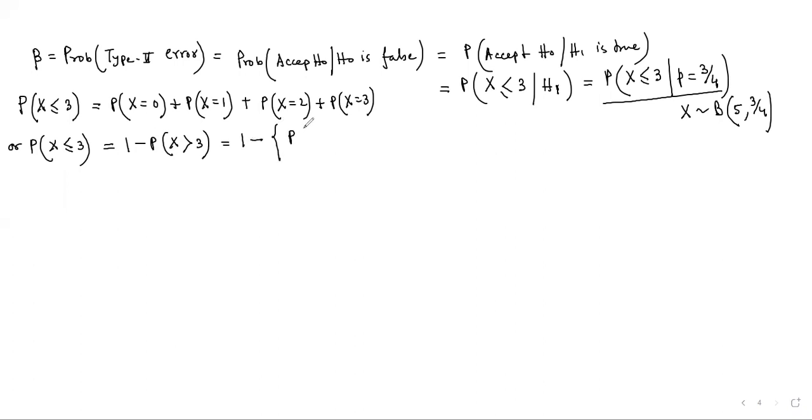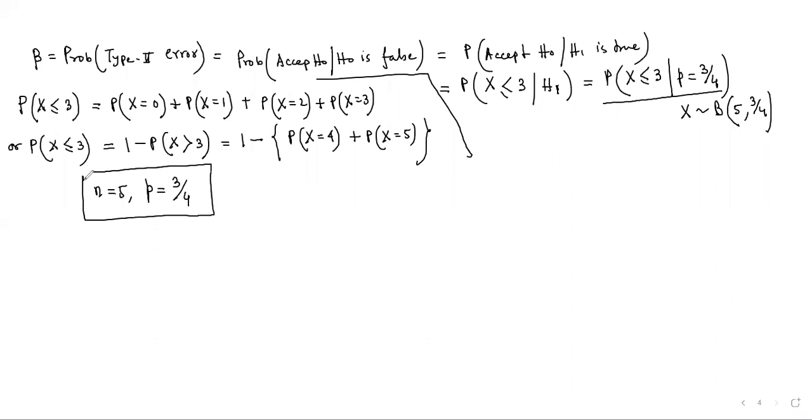And this is the probability of X equal to 4 plus the probability of X equal to 5. But remember, here n equal to 5 and P is equal to 3/4. That will give your beta. And from there you can calculate 1 minus beta.